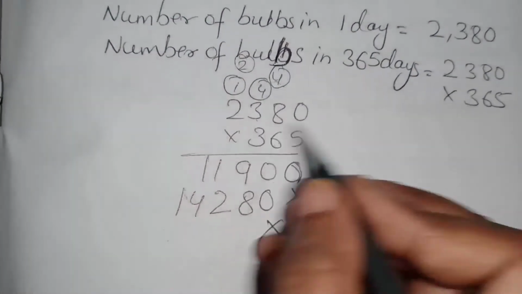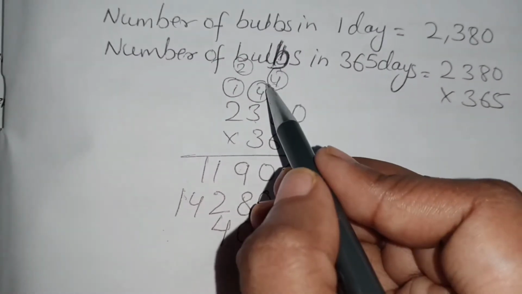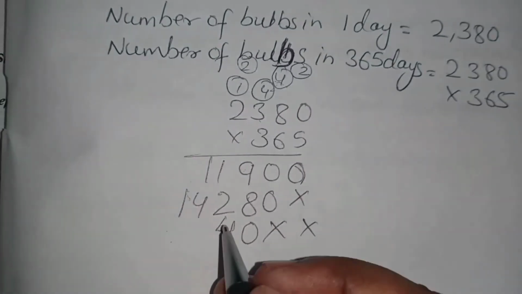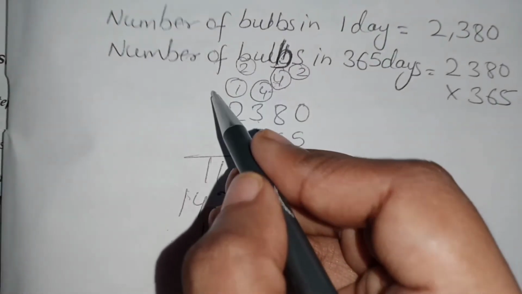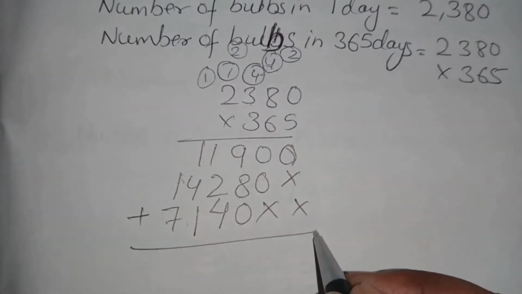Put the cross. 3 zeros are 0, 3 8s are 24, 4 I will write here, 2 carry. 3 3s are 9 plus 2 is 11, 1 I will write here, 1 carry. 3 2s are 6 plus 1 is 7. Now add all this.